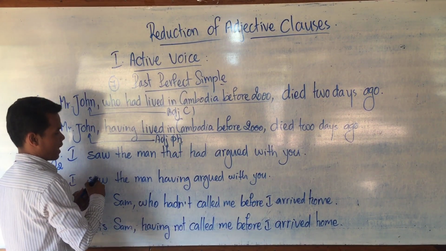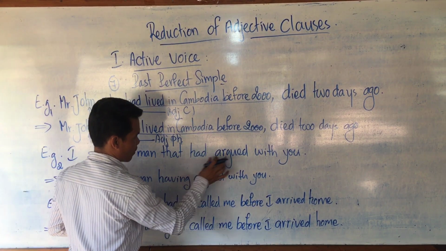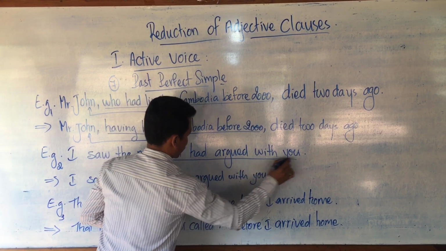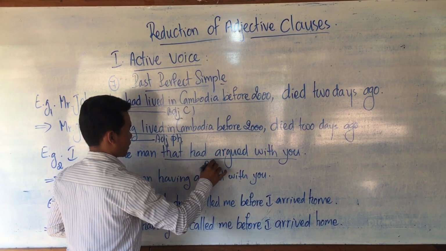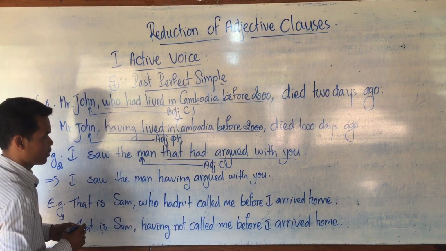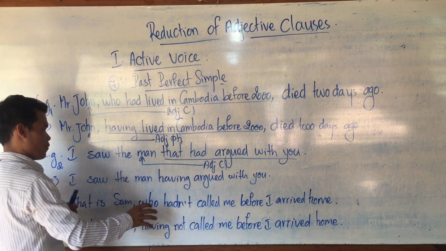Number 2: I saw the man that had argued with you. Had is the auxiliary verb, and that is the relative pronoun as a subject. Argue is the main verb. So from that to you is the adjective clause. It is a defining relative clause because the man is not a proper noun. Then we change the adjective clause to an adjective phrase.